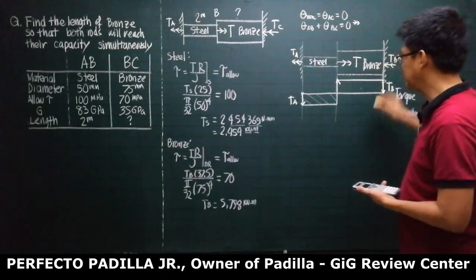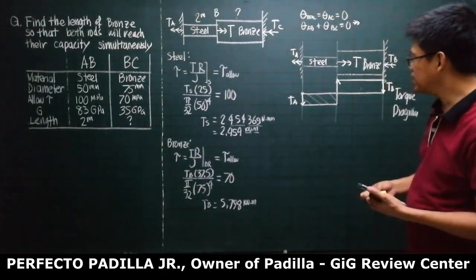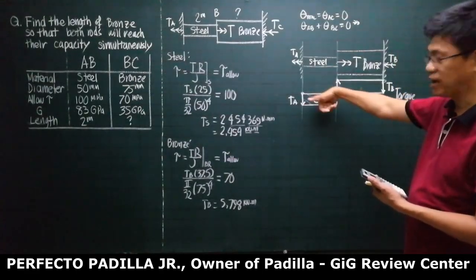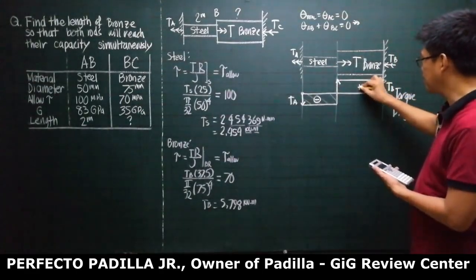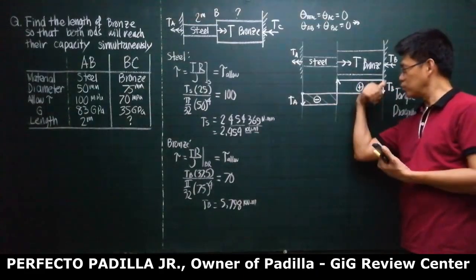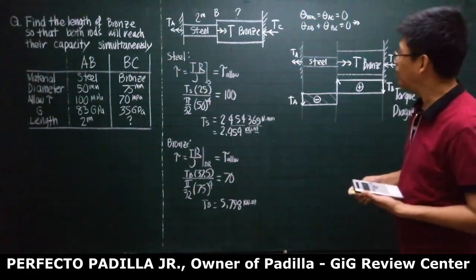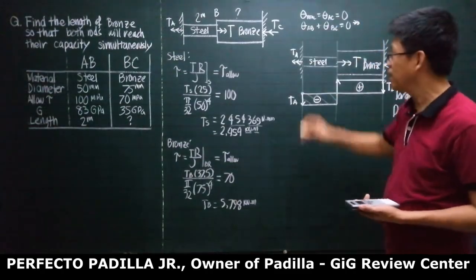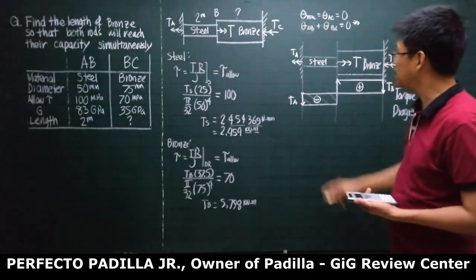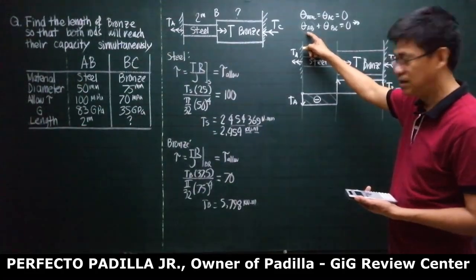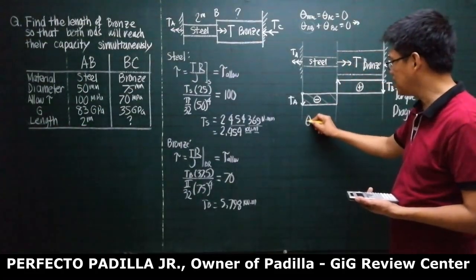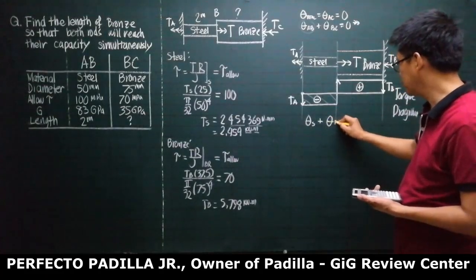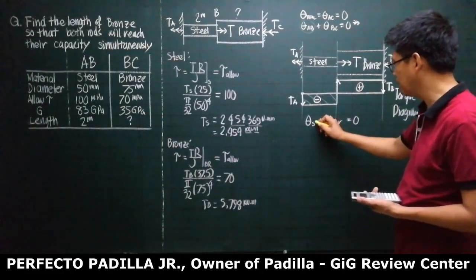Right? So as you can see here, this is negative, meaning torque to the left. This is positive, meaning torque to the right. So, taking torque to the right positive, torque to the left negative, this is theta in steel. So, the theta in steel plus the theta in bronze is equal to 0.